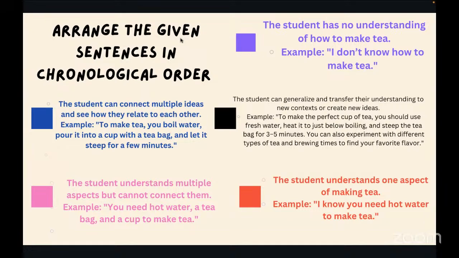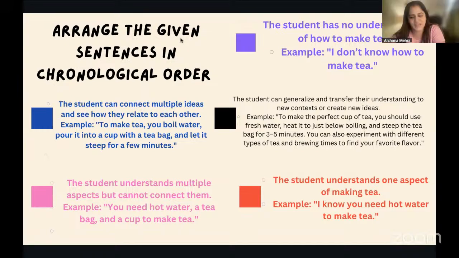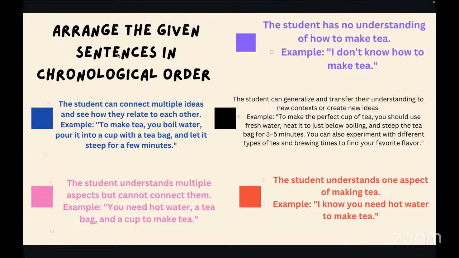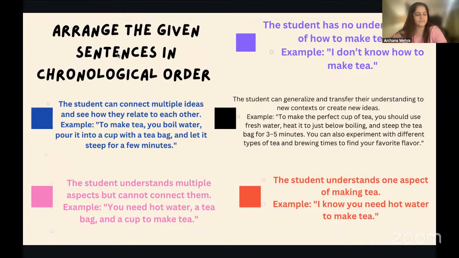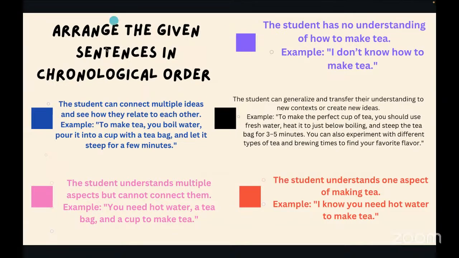Please go ahead. I think purple is going to go first. It says the student has no understanding of how to make tea, and then followed by the red box. The red box says the student understands one aspect of making tea. Then number 3, the pink box, understands multiple aspects but cannot connect them.